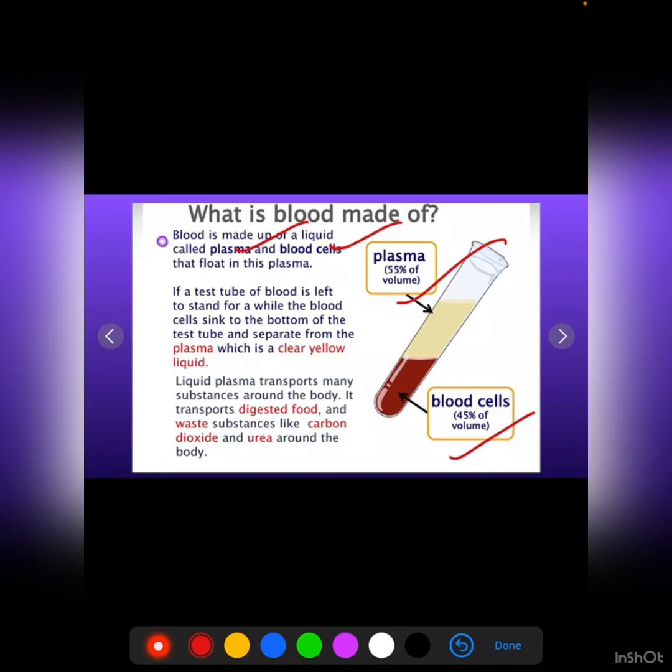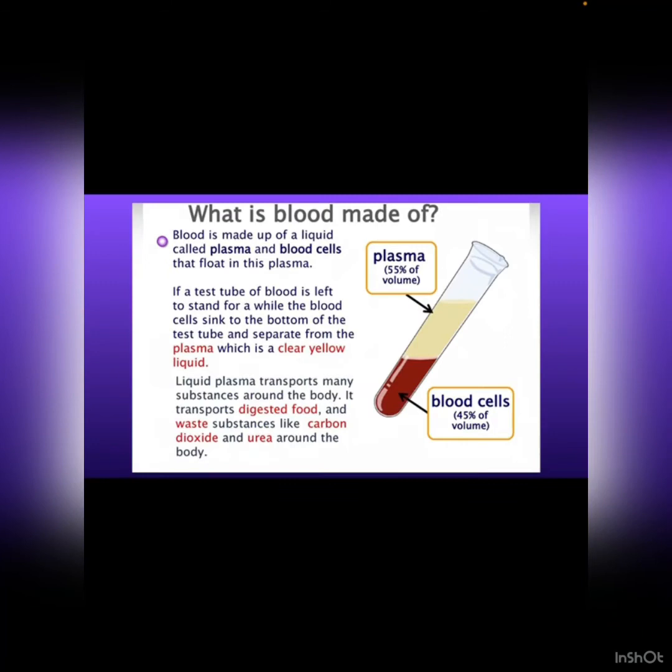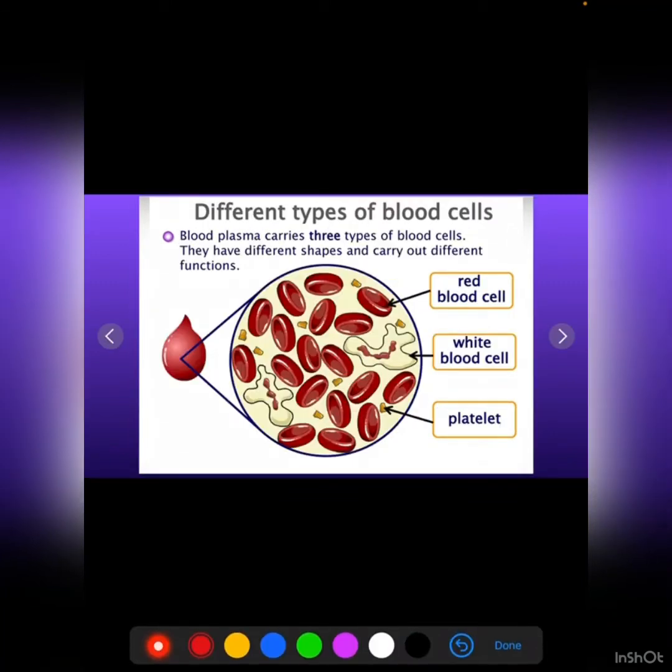Plasma carries digested food and the waste substances like carbon dioxide and urea all around the body. And there are different types of blood cells: red blood cells, white blood cells and platelets.